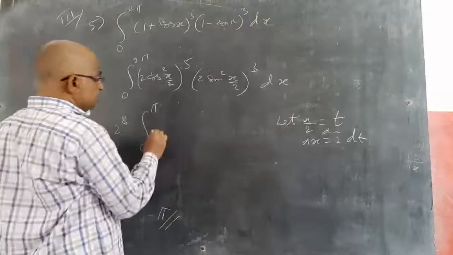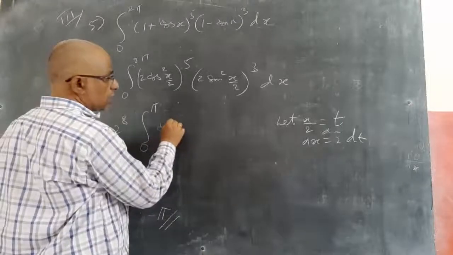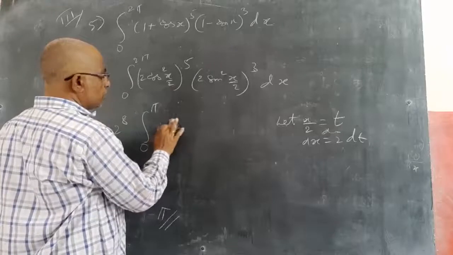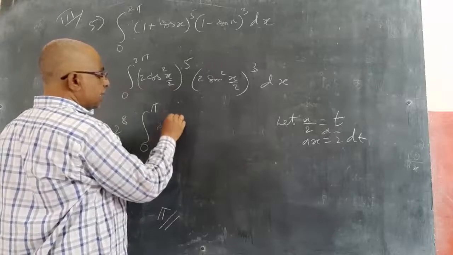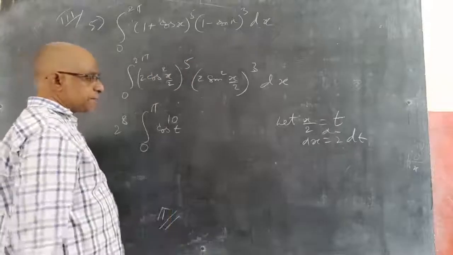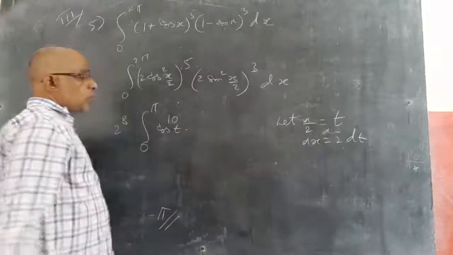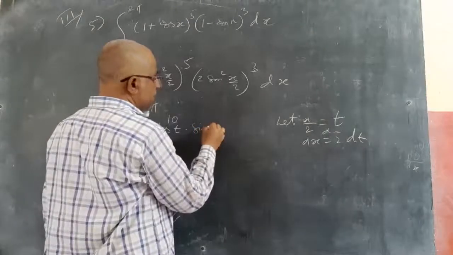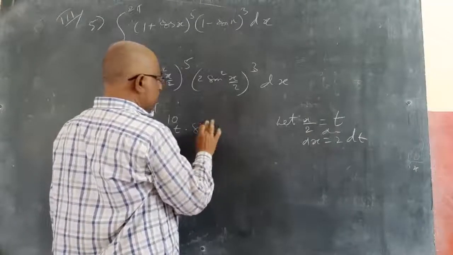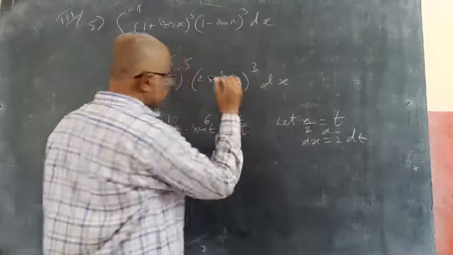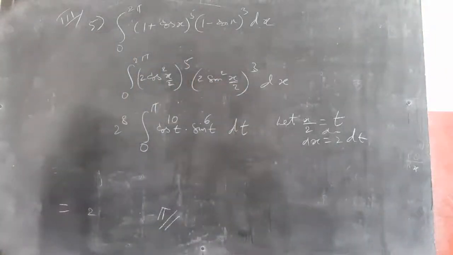Now this is (cos square t) whole power 5, which becomes cos power 10, into (sin square t) whole cube, which is sin power 6, dt.